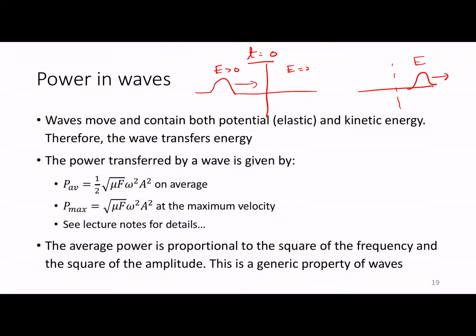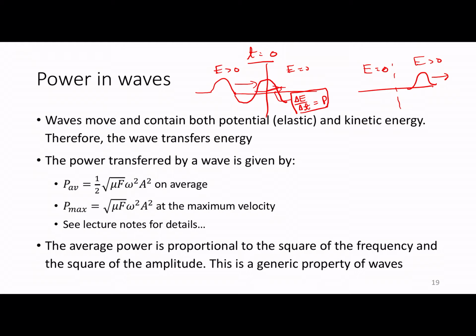Now all of my energy is on the right-hand side of this cut, and none is on the left. So the amount of energy that passes across this cut per unit time is a power. Power is telling me how much energy passes across any point divided by time. And that's for a single wave pulse.